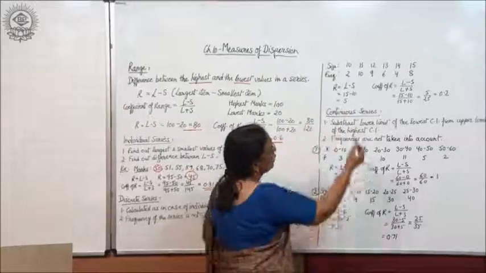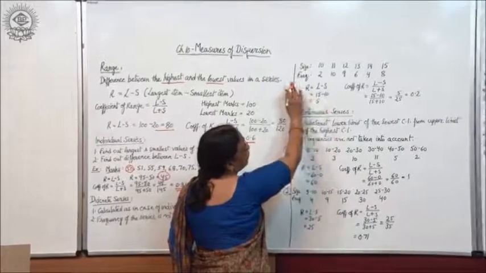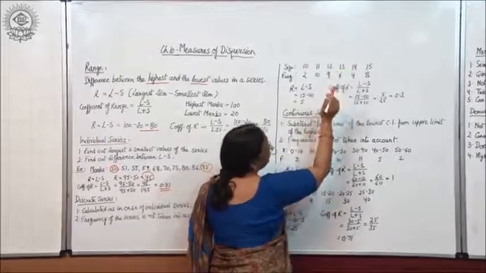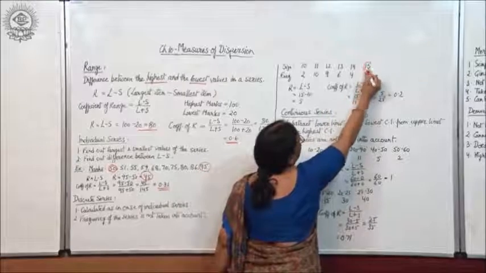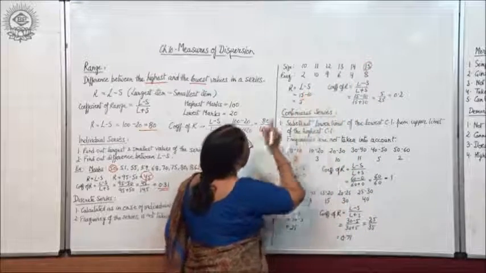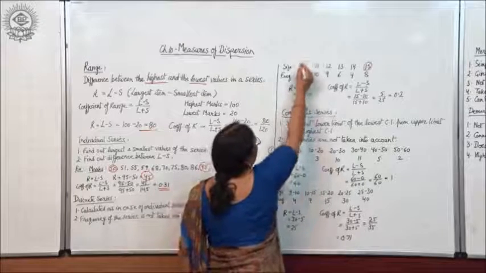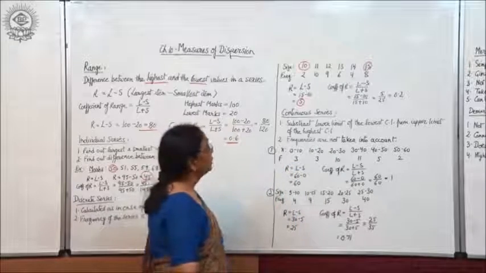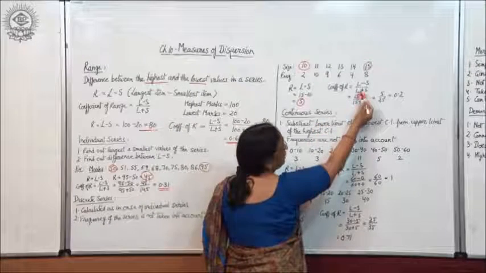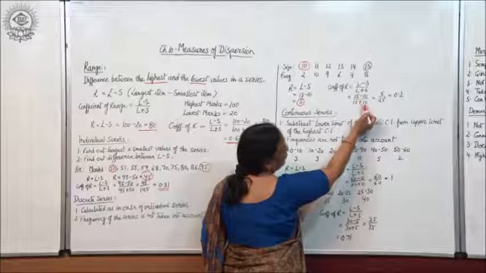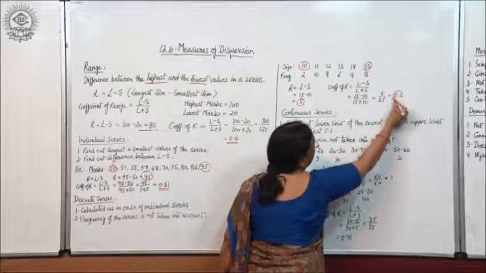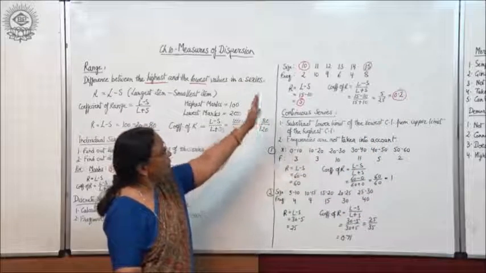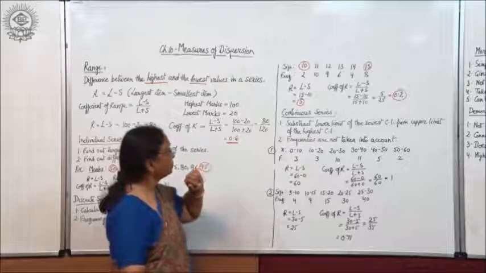R is equal to L minus S. Now, you will ignore frequency and find L in the size column. So, L here is 15, S the smallest item is 10, so range is 5. Clear? Coefficient of range is L minus S upon L plus S, 15 minus 10 upon 15 plus 10, 5 upon 25, and this is the coefficient. You will just ignore the frequency column and take only the size column, that is x.